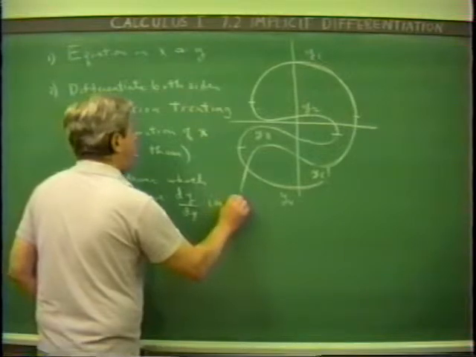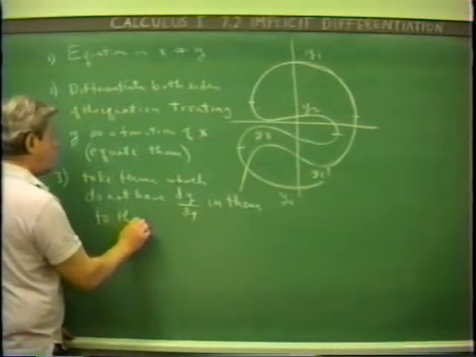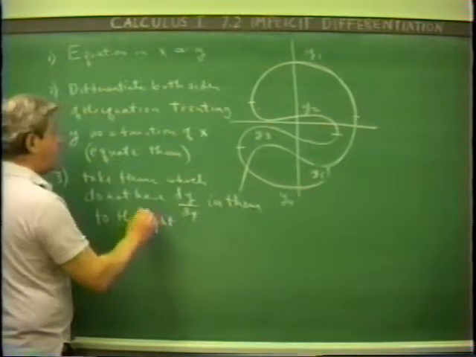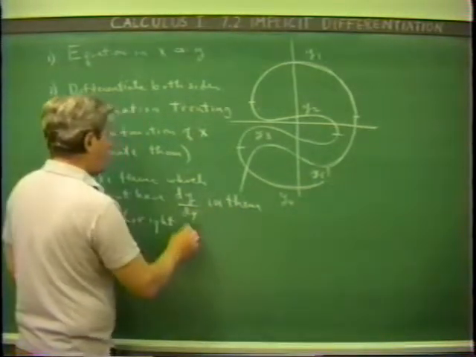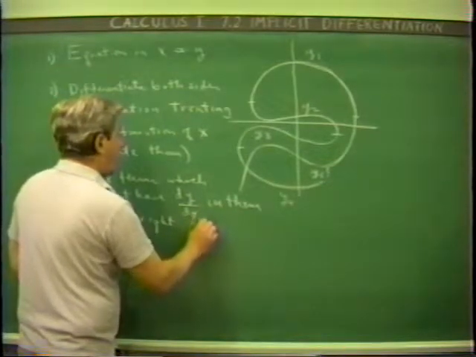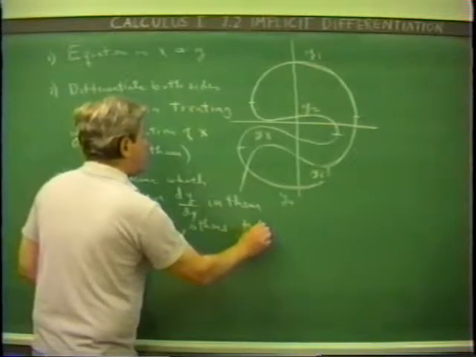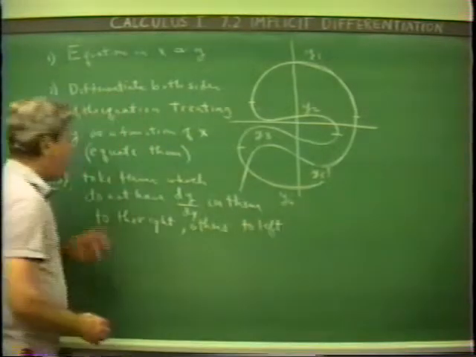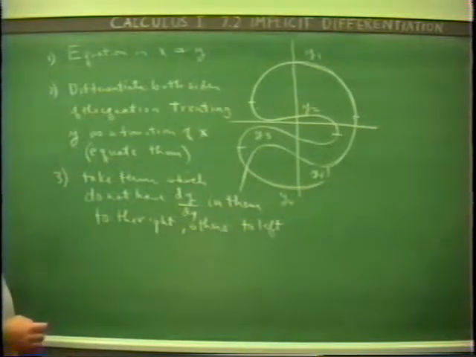So take all of the ones that do not have dy/dx in them to the right. That's to say, subtract the ones that are on the left from both sides of the equation so that these end up on the right. All the others, which do, to the left. And you'll find that it's always possible to do this.